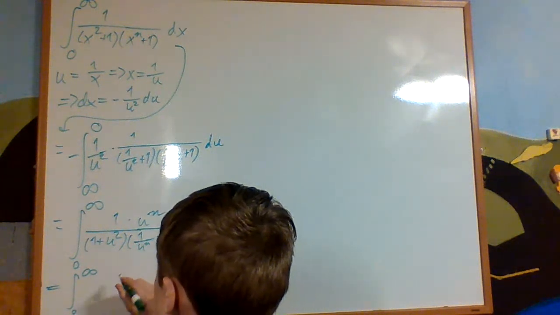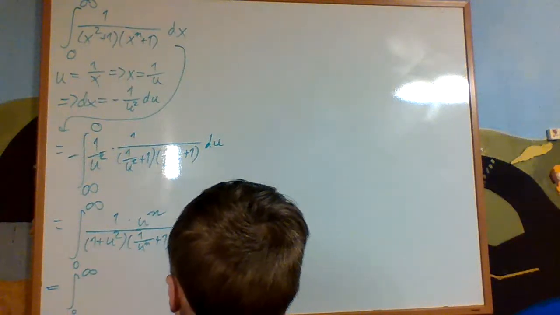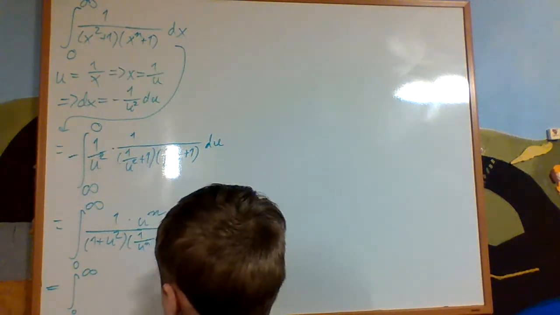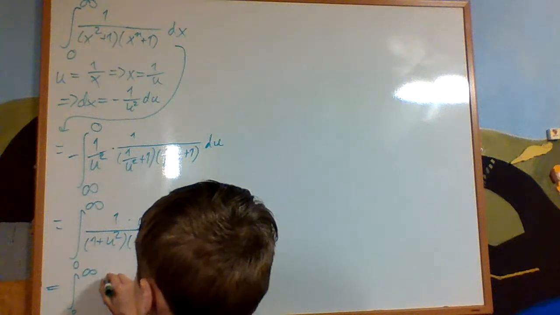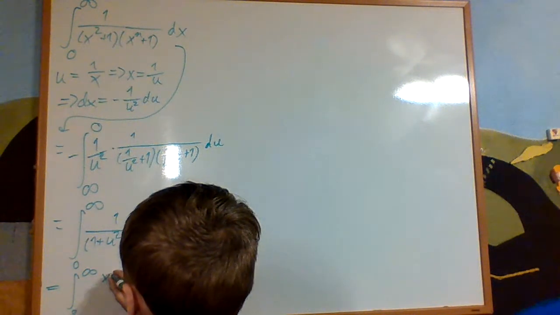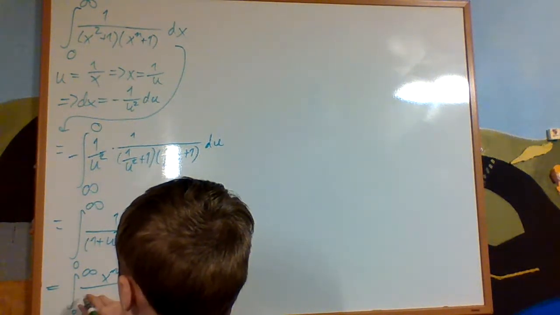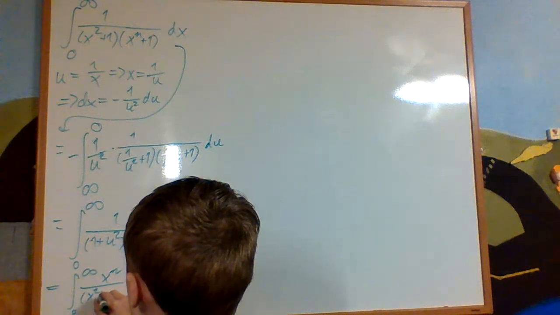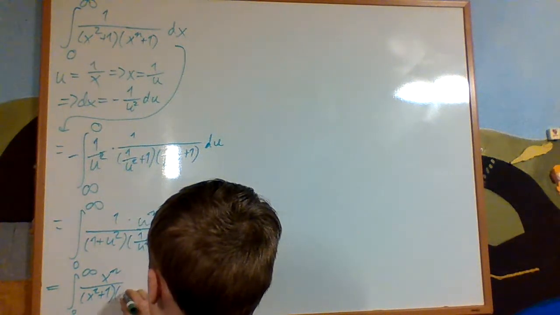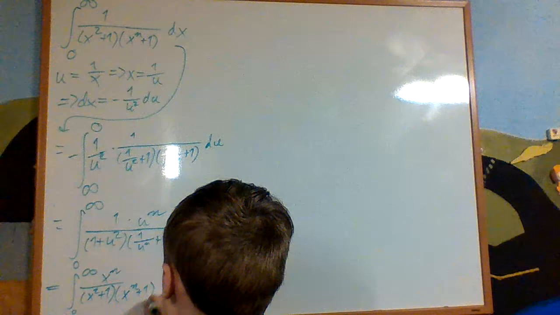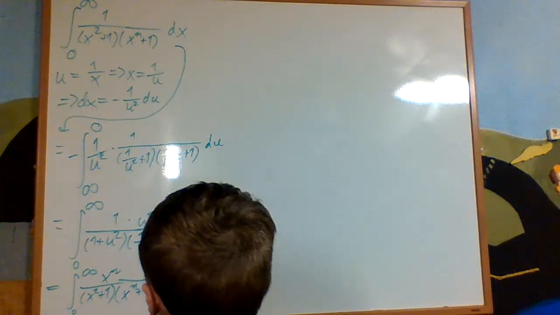I'm going to rewrite this in terms of x. Okay, so x is now my variable. x to the n over (x squared plus 1) times (x to the n plus 1) dx.